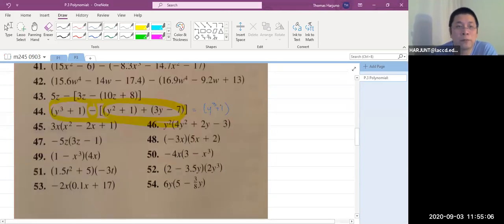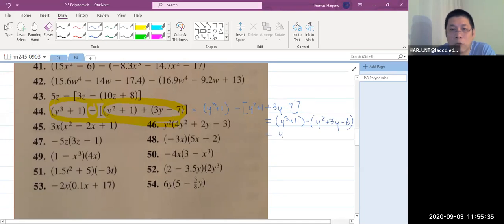Okay, so the first grouping, I just leave like that, minus bracket y squared plus 1 plus 3y minus 7. So if you think about it, I follow order of operations. So this will be equal to y cubed plus 1 minus y squared plus 3y minus 6.